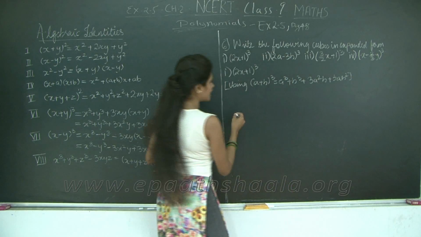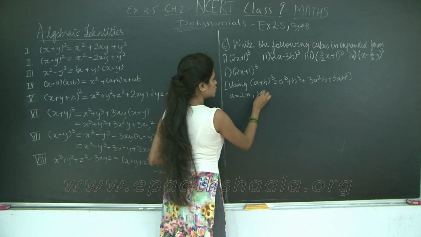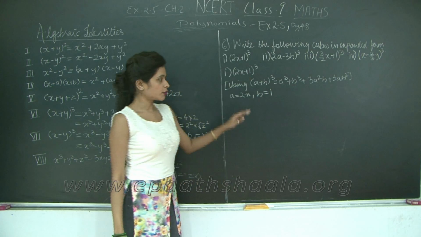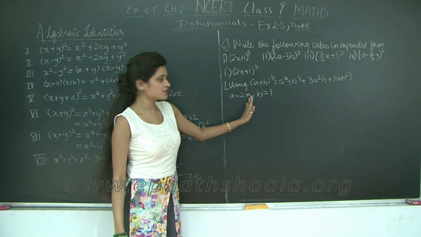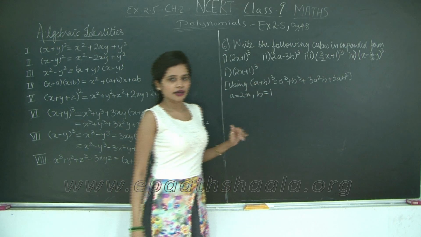right? What is the value of my a? A is 2x and b is equal to 1, right? So I'm going to substitute the value of a is equal to 2x and b is equal to 1 in this entire expression.